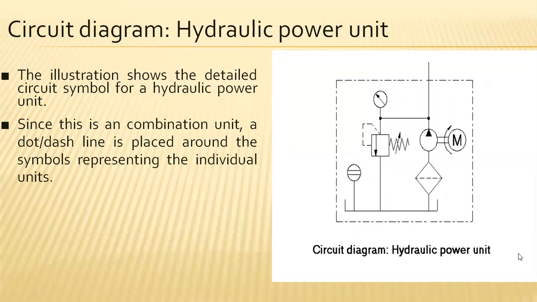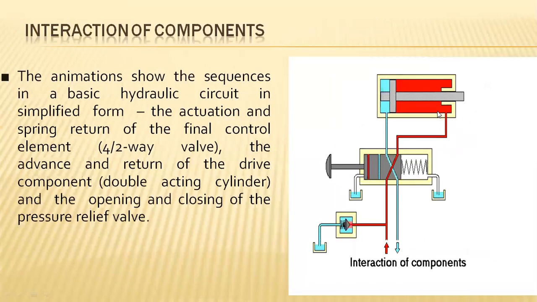So nominally this is a hydraulic power unit that is maintained at the overhead of this oil reservoir to commence the forward activity. So here, before entering the directional control valve, this is called the input system, and after crossing the DCV, that is the directional control valve, this is called the output system.